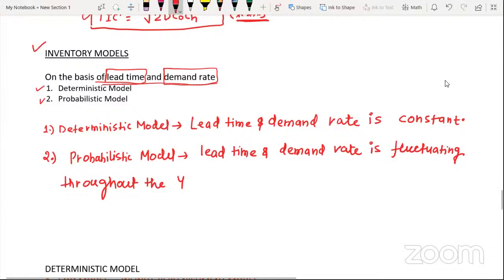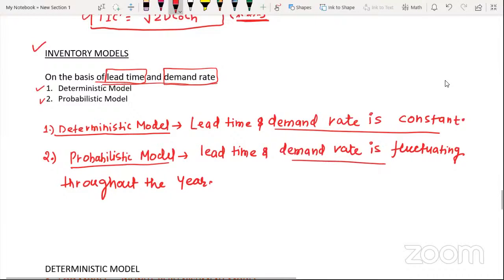So two types of model are there. In deterministic, the demand rate is constant. In each and every month you are going to get the same demand data from the customer. But in case of the probabilistic model, the demand rate is fluctuating.